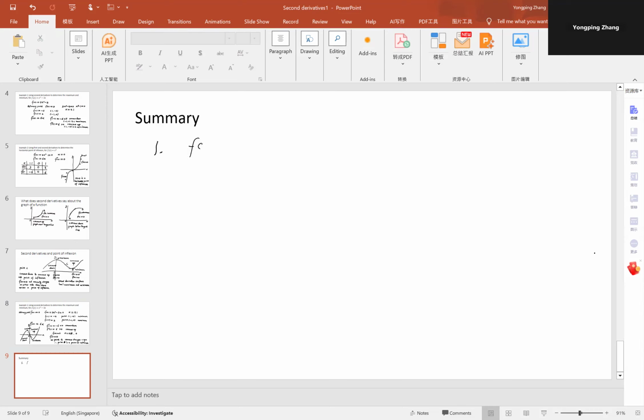For f'(x) equals 0, if f''(x) is positive, this is a minimum point. If the second derivative is negative, this is the maximum.